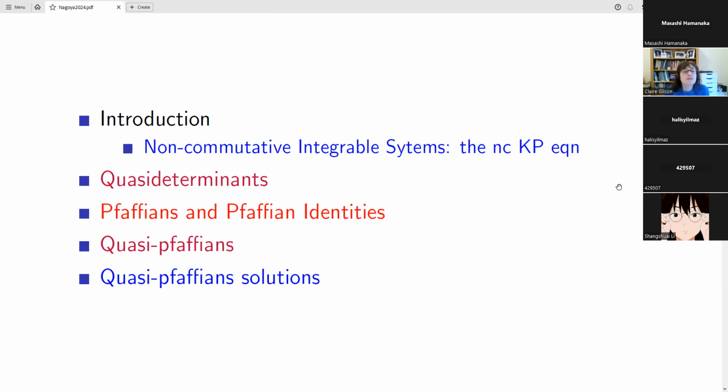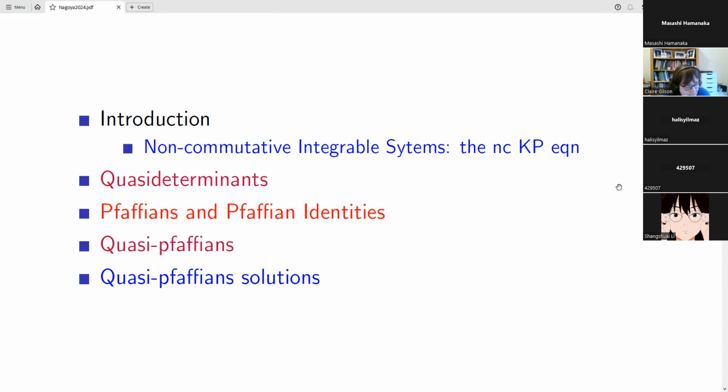The reason I'm doing this is because I want to then look at something I call quasi-Pfaffian, which is the sort of non-commutative version of a Pfaffian. These are very interesting. I have my definition. I know other people have some different ideas about definitions.